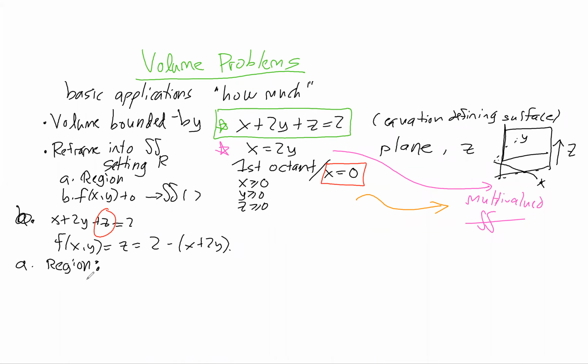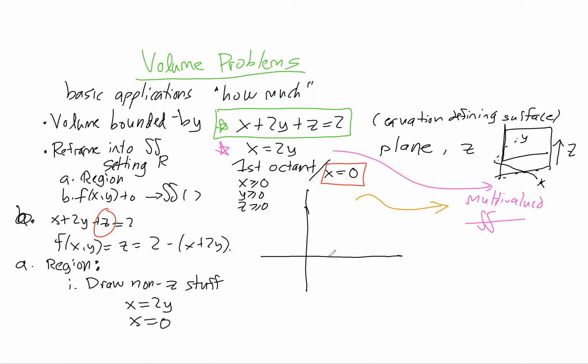Well, let's start by just drawing the non-z stuff. So we have x equals 2y, and we have x equals 0. These are the things that do not involve z. So here's x equals 0, and x equals 2y will be this line here, otherwise known as y equals x over 2.